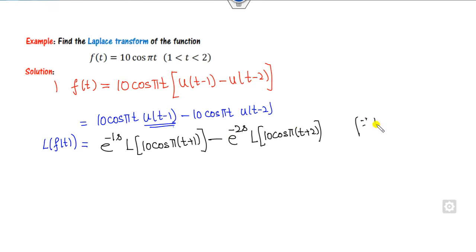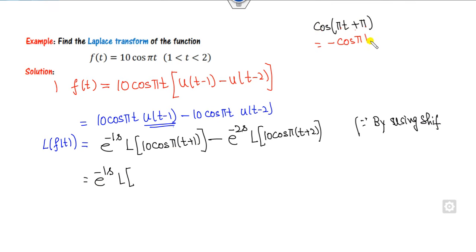Make sure in each case, in each example, you write the reason by using the shifting second theorem. Now e raised to power minus 1s, what is that? It's cos of pi t plus pi. So pi plus this lies in the third quadrant, cos will be negative, so it's minus cos pi t.